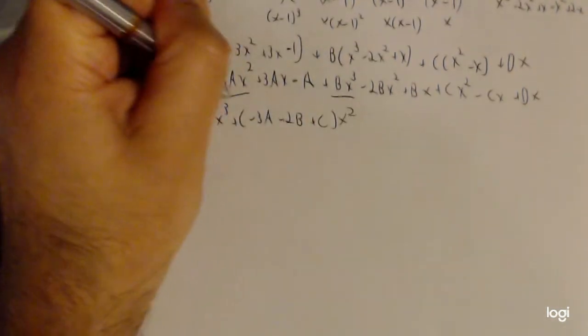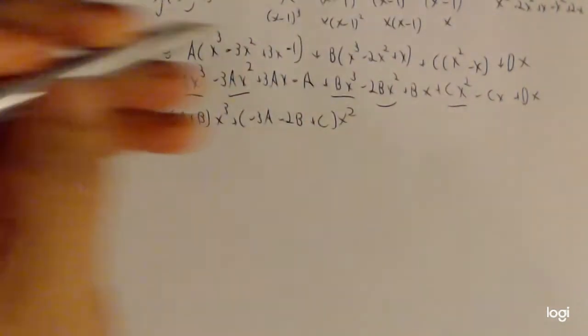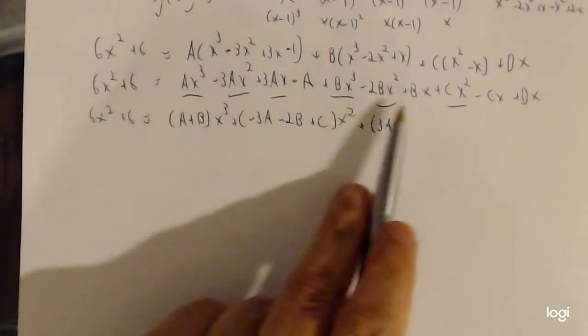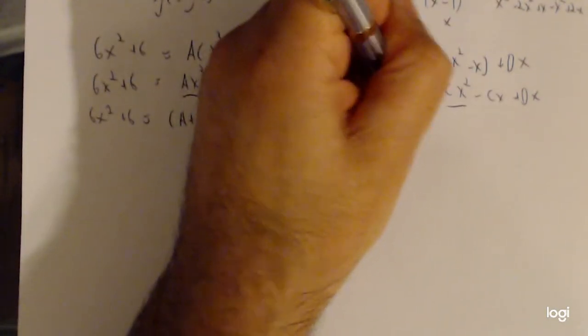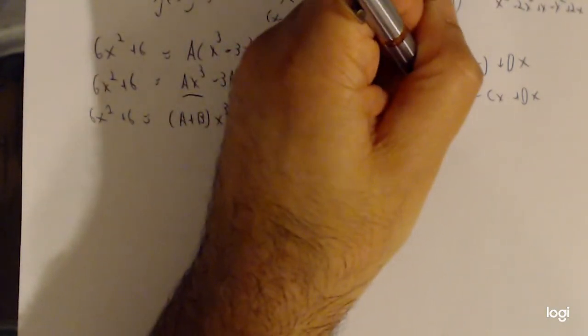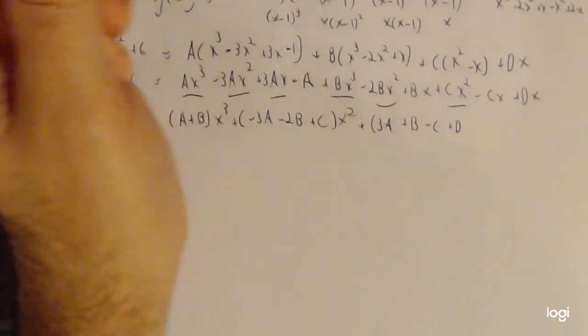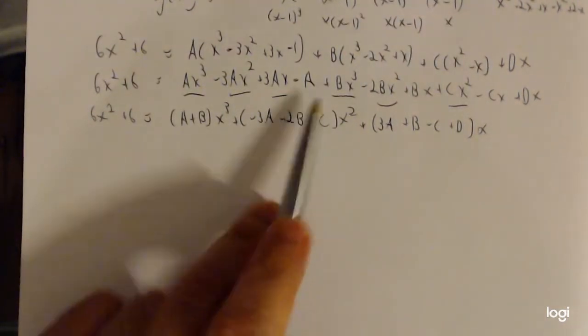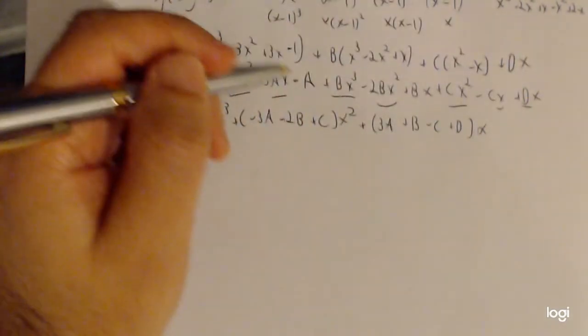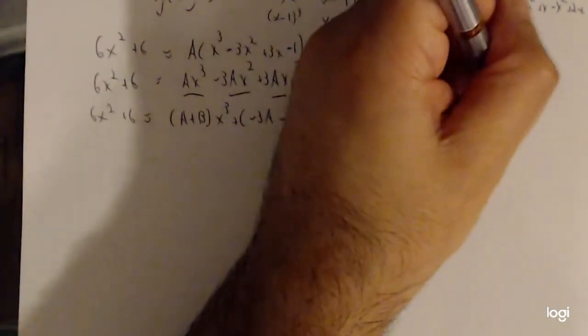All right, so that's that. And then for my x's, what do I have? I have a 3a, and then what else? Plus b minus c plus d, x. And then for my constants, oh, this might be nice. I just have what? A minus a.